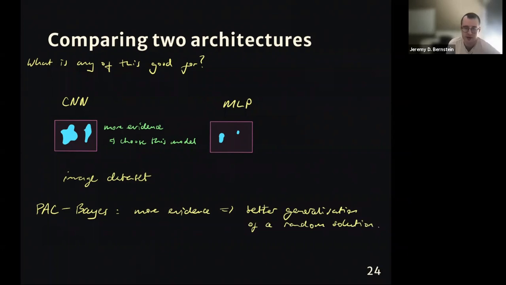PAC-Bayes has moved from the world of posterior distributions to guaranteeing properties of individual solutions. So a random solution is a single classifier. It's not a distribution over classifiers. That's one of the nice things, that it actually tells you something about point estimates in a way.